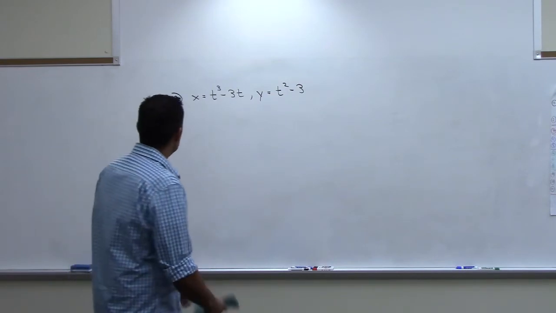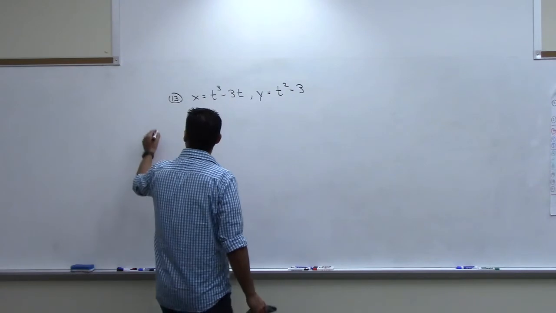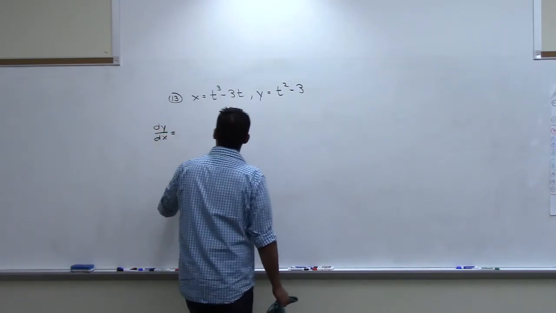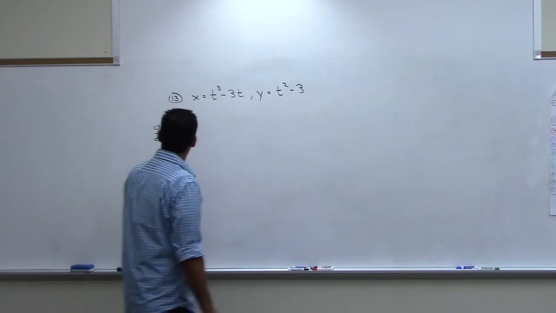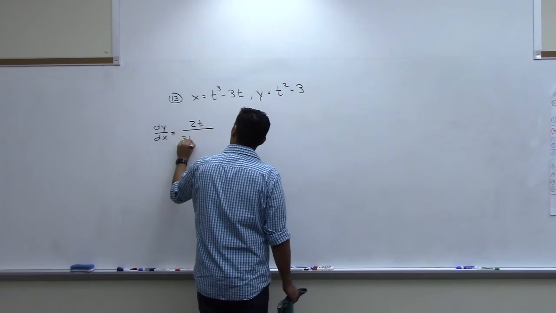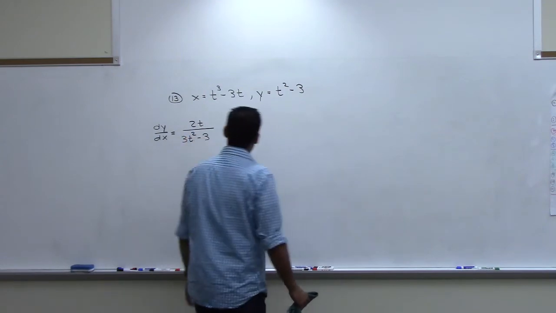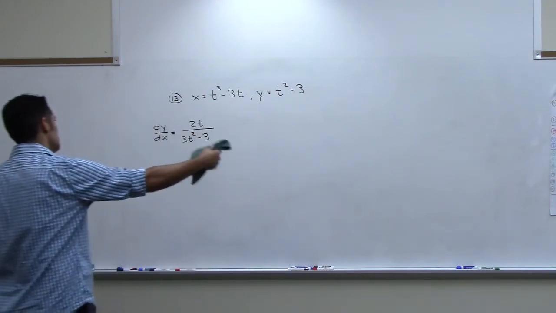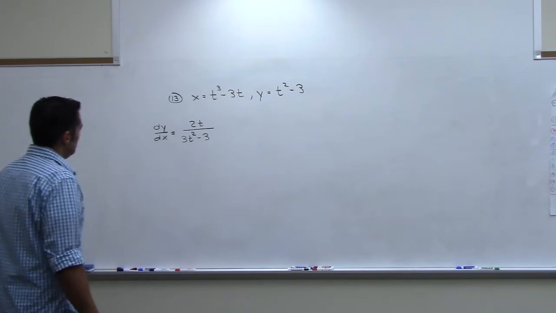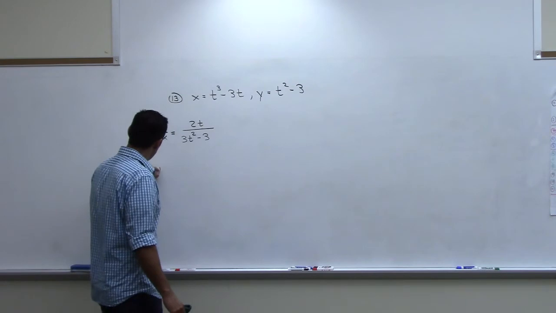So let's first figure out what dy/dx is. And to do that, we've done this twice now, so 2t over 3t squared minus 3. The derivative of the y function over the derivative of the x function. Okay, so let's look at horizontal.